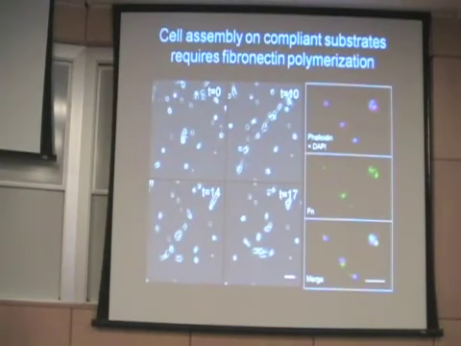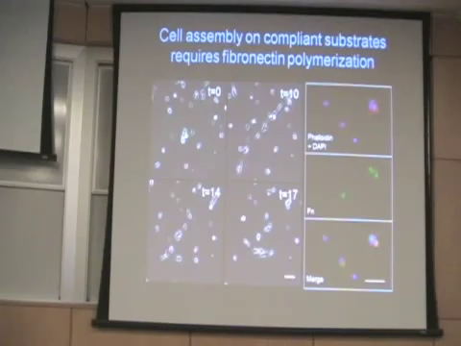We added an inhibitor that prevents fibronectin from being polymerized. So the fibronectin can still be produced by the cells, it can still adhere to the cells, but it can't be polymerized into these fibrils that align with the network structures. And we found something really interesting, which is that this is a time course over 17 hours.